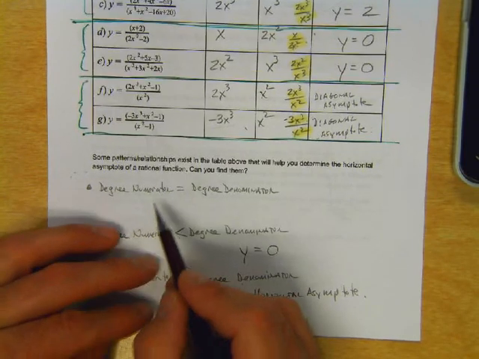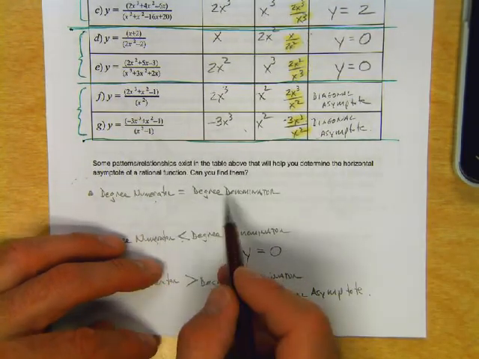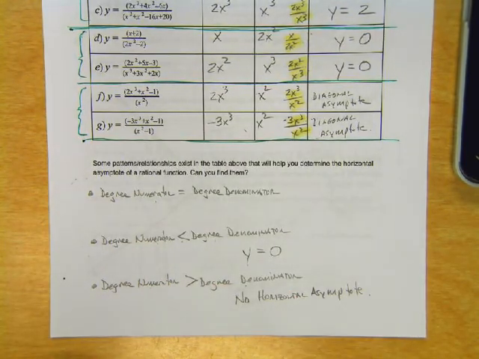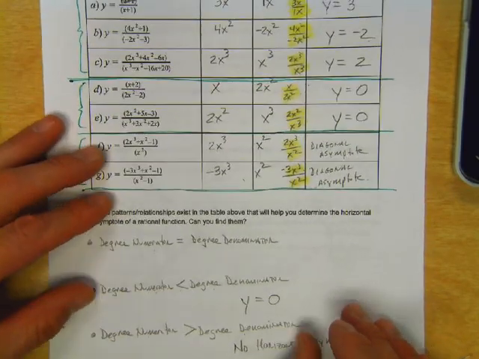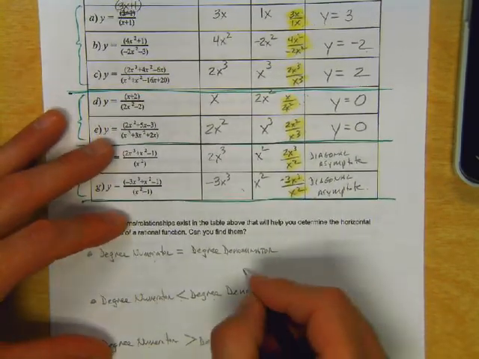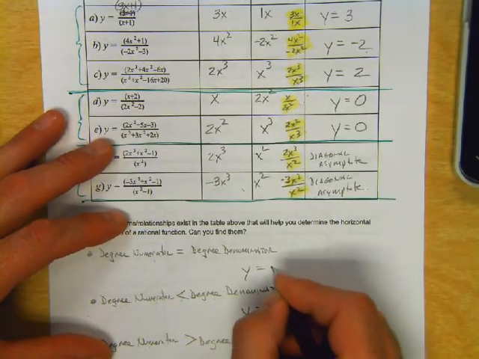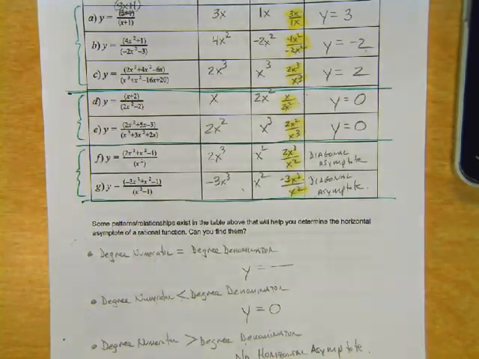And how about if the degree in the numerator and denominator are the same? Then how do you determine the horizontal asymptote? Hey, I'll give you a hint.